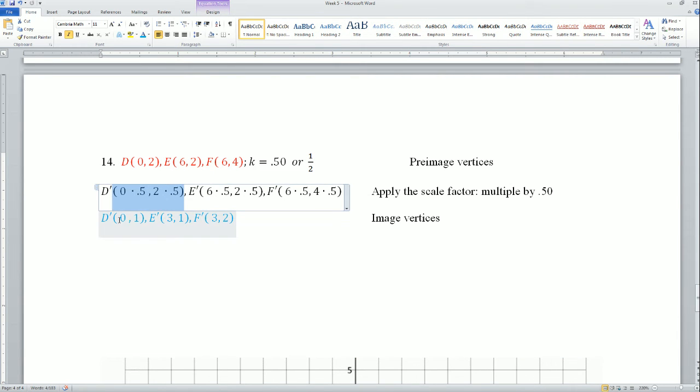So 0 times 1/2 is 0. 2 times 1/2 becomes 1. 6 times 1/2, or half of 6, is 3. Half of 2 is 1. Half of 6, 3. Half of 4, 2. All you're doing is multiplying by the scale factor of 0.5, or multiplying by 1/2.